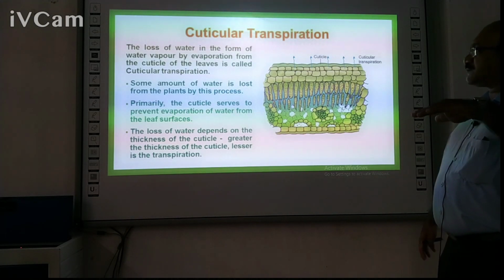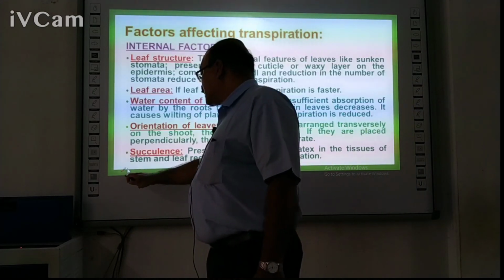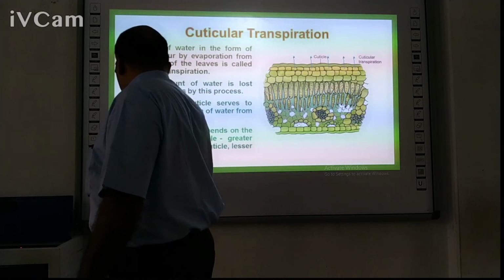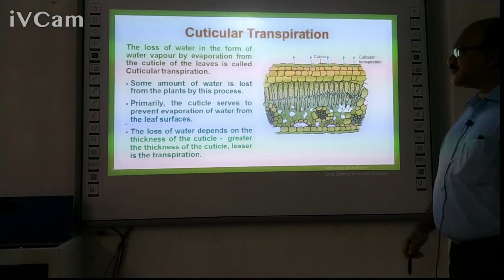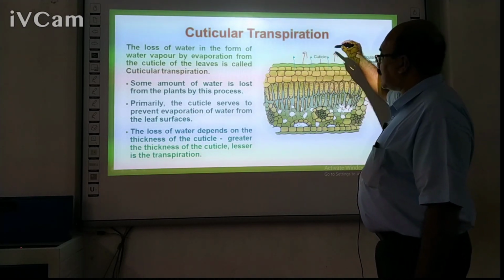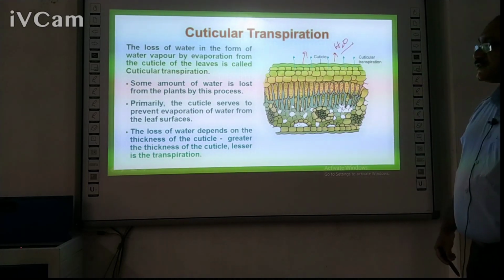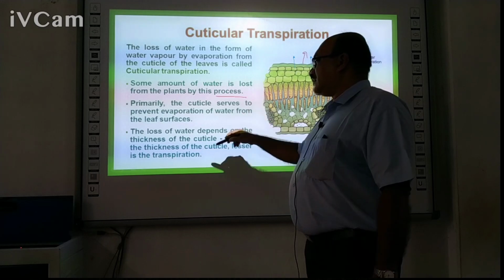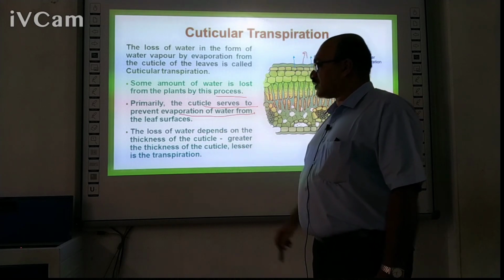So this cuticle which is present on the surface is meant to prevent the water loss, but still some amount of water gets lost from the surface of the cuticle. That is what we call cuticular transpiration. So water vapor comes out from the surfaces of the leaves. Cuticle generally serves to prevent evaporation of water, but still some amount of water loss takes place.